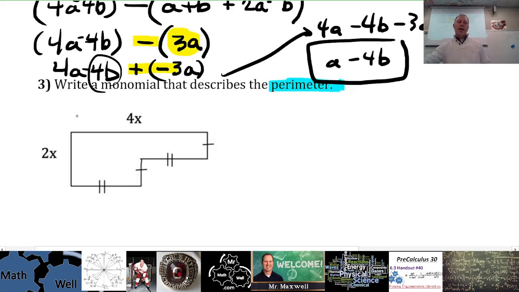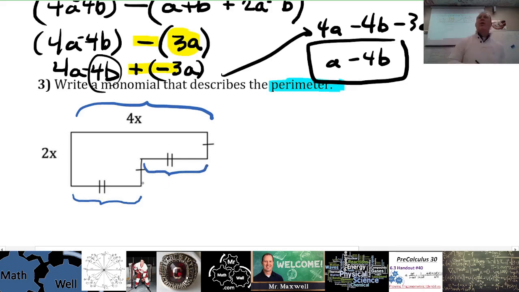Okay, well I have 4x on this side, and then how can I tell what this side is right here and this side? We know that those two are the same, so what's the length of each of them? Yeah, exactly. Very good.